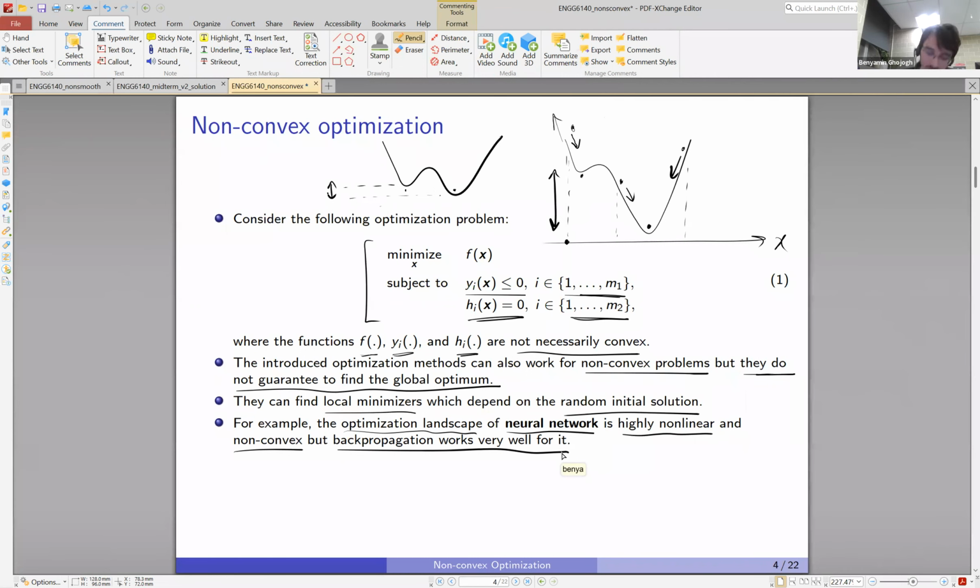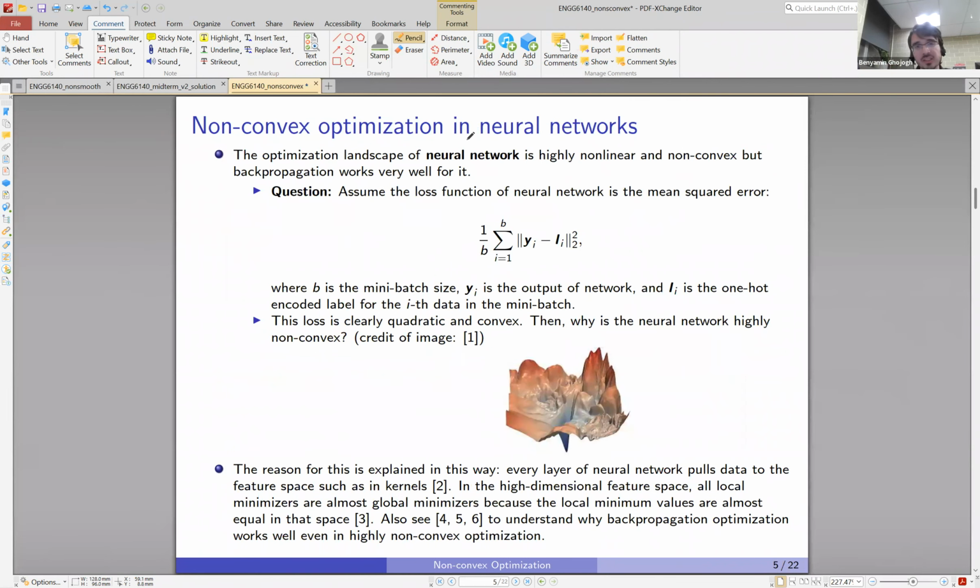How do they work well? Because usually in neural networks, the local minimums are good enough, like this case. And you will see why. I will tell you intuitively here why.